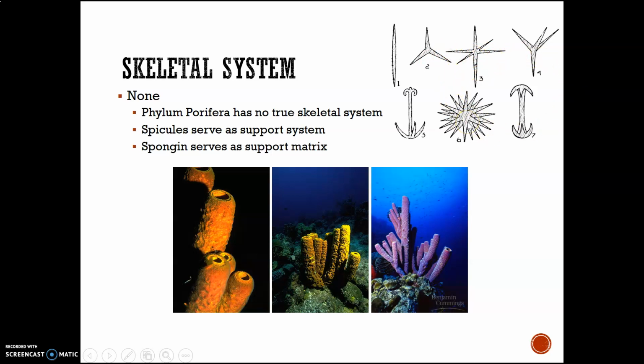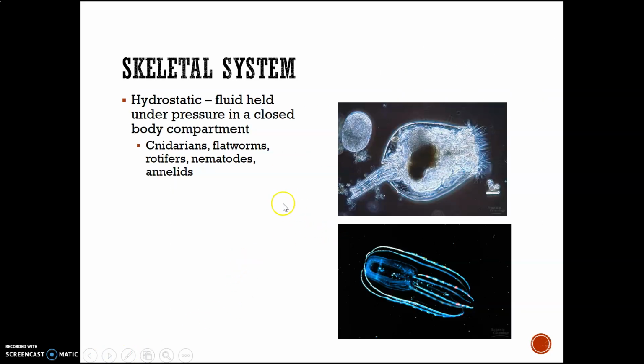These are made out of calcium carbonate, which is very similar to mollusk shell, or some of them are made out of silica, which means they're basically biological glass. Right? So they're very stiff, and they help provide some support and also protection against being eaten by other animals.